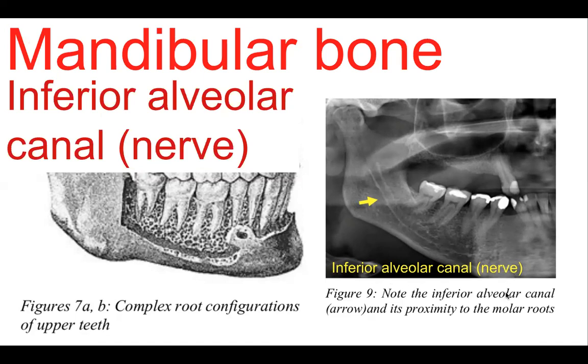As you can see here, our lower molar is very close to the inferior alveolar canal. So if you try to remove the lower third molar, it's very risky because you might injure the inferior alveolar nerve.